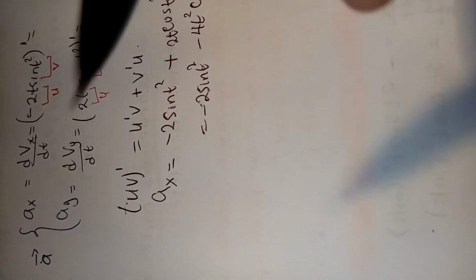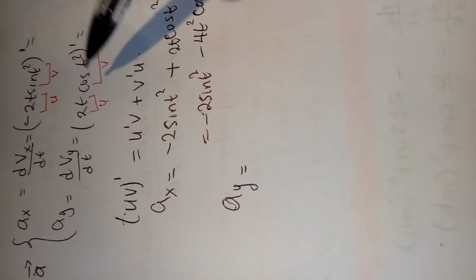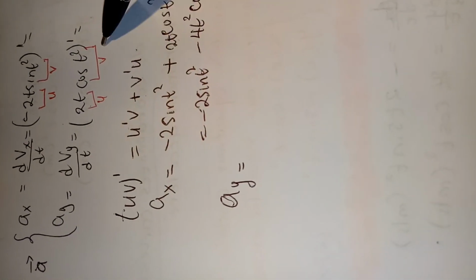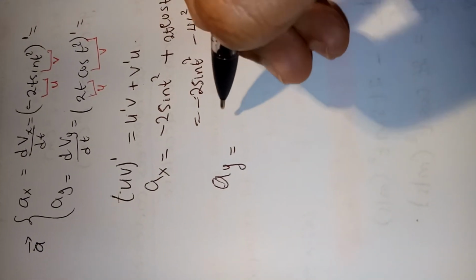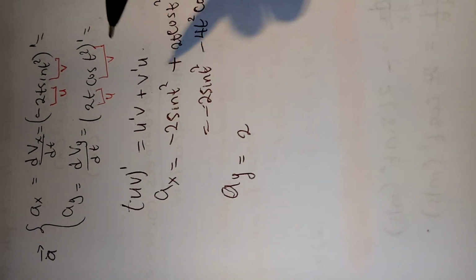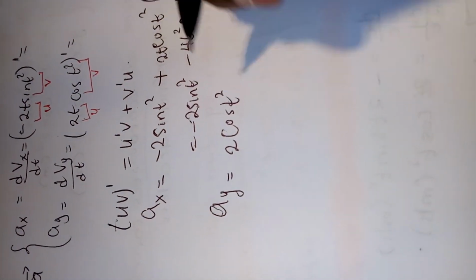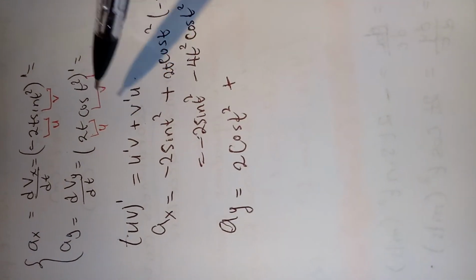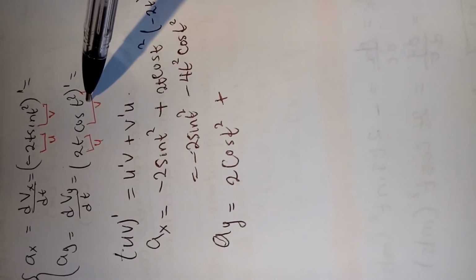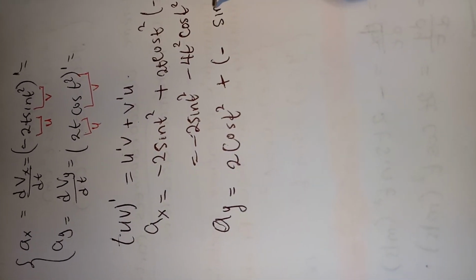This is for ax. Then for ay, we have the same thing. We apply the same logic here because it's u prime v plus u v prime. So we derive u, derivative of u, we're going to get 2. Then we leave our v, which is cosinus t square. Then plus, we derive the v, the derivative of cosinus is negative sinus, so we have a negative sinus.